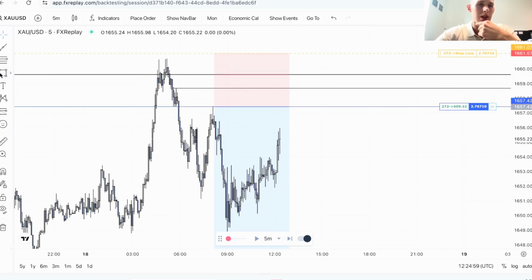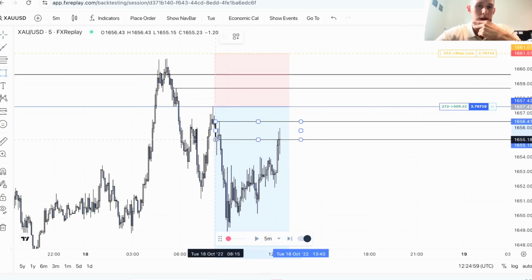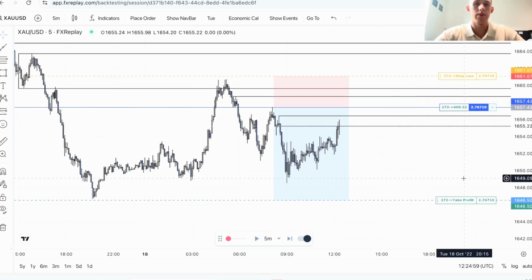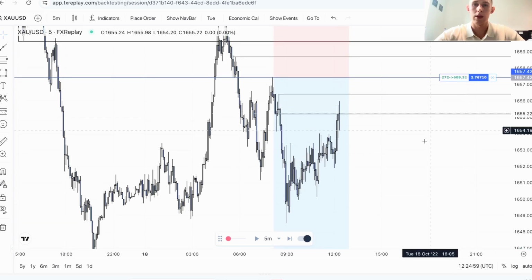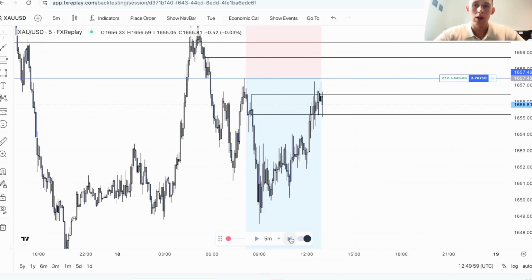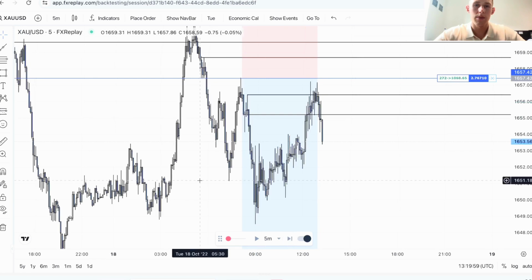Cool, maybe another entry within this area. Let's have a look. Cool, so the supply was swept.